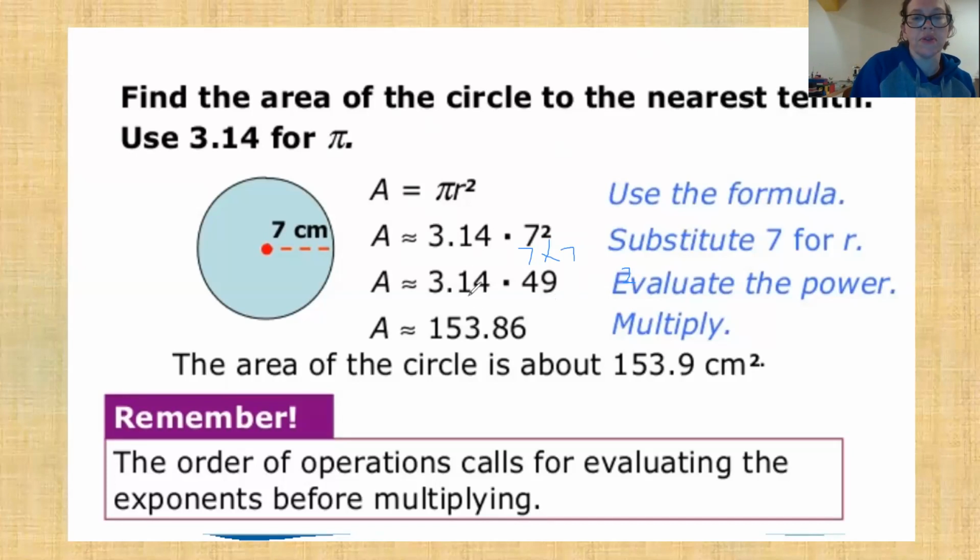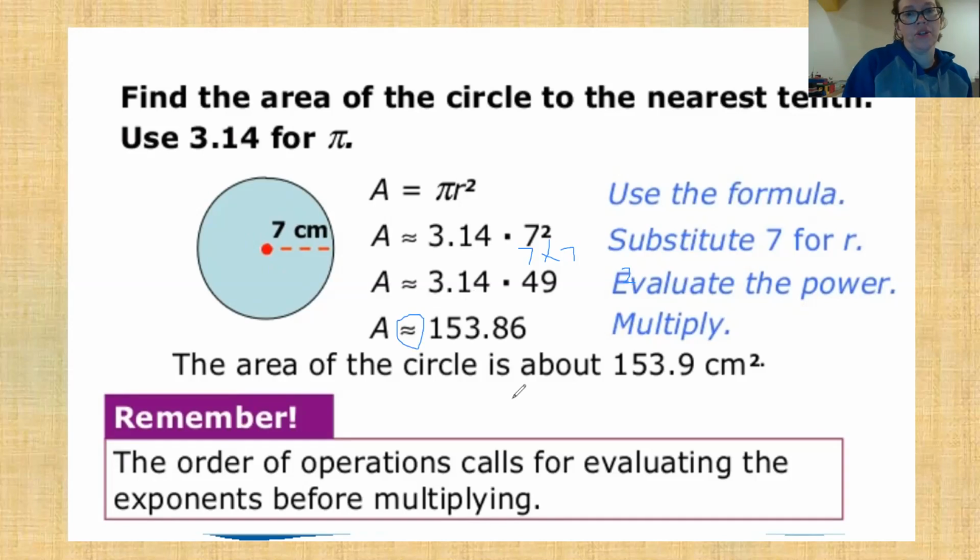And then we're going to multiply 3.14 times 49, which gives you 153.86. And remember that this is approximately, just like with circumference. Remember those wavy lines mean approximately, because it's not equal. So the area of the circle is about or approximately 153.9 centimeters squared.